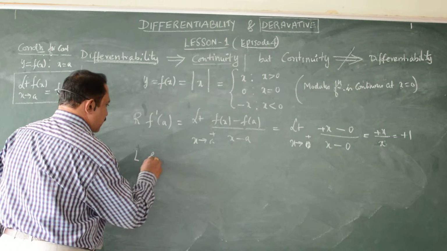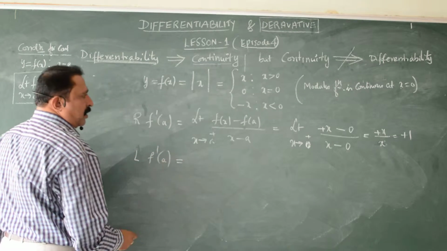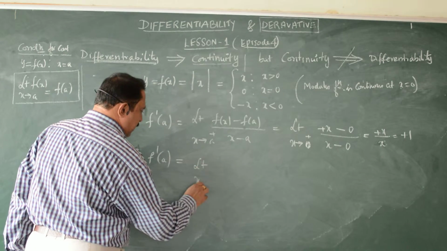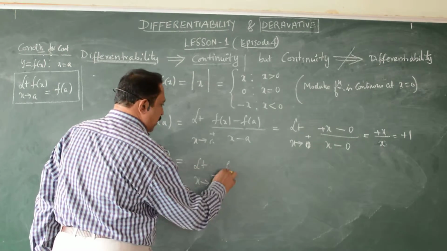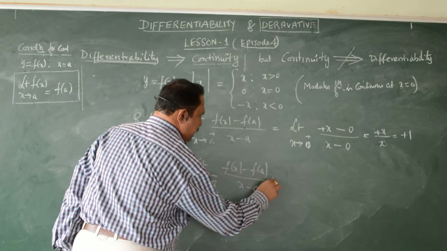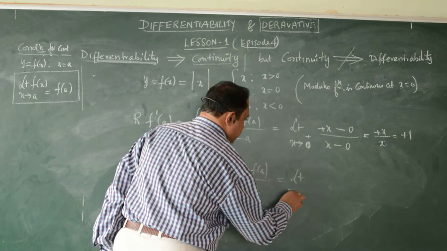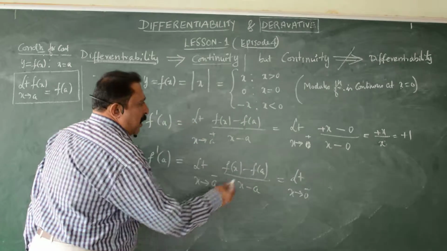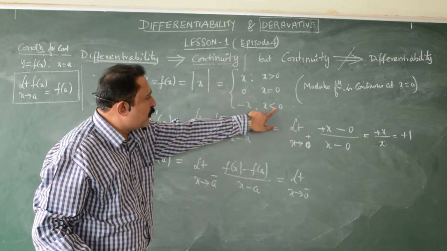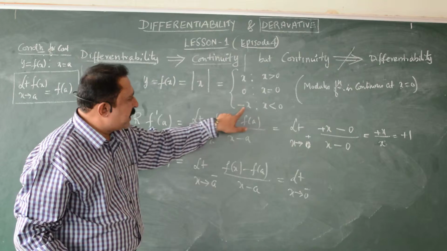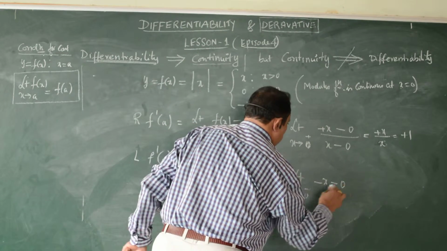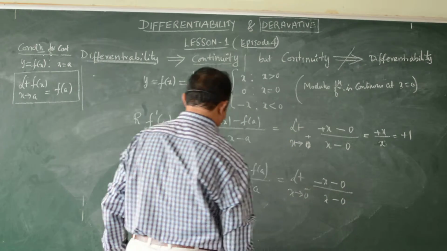Now the left hand derivative of the same modulus function is written as limit as x tends to a minus, and the formula is f of x minus f of a divided by x minus a, that is equal to limit as x tends to 0 minus. Now 0 minus is the set of values of x less than 0. So now f of x is defined as minus x. So minus x minus f of 0, which is 0, divided by x minus 0.